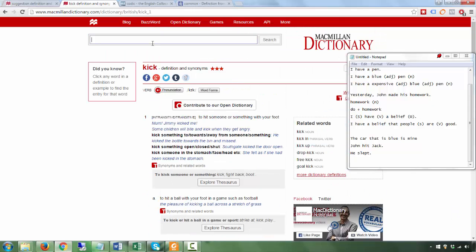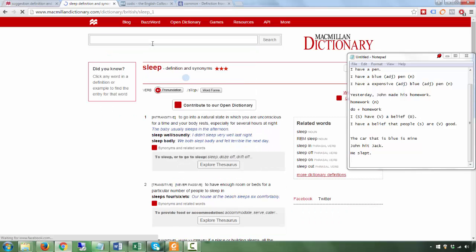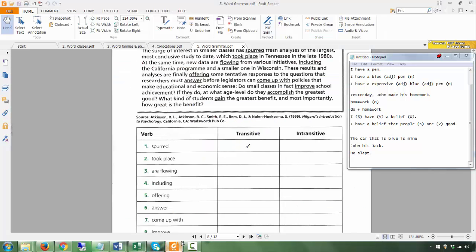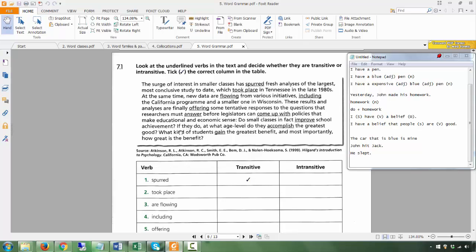So if you look at sleep, you think that it's intransitive, right? The most common meaning is intransitive, but look at that. This is not a very common use of it, but it is transitive. So a lot of times most verbs are both transitive and intransitive depending on the use, the context, the meaning. But in one particular use it is always either transitive or intransitive.